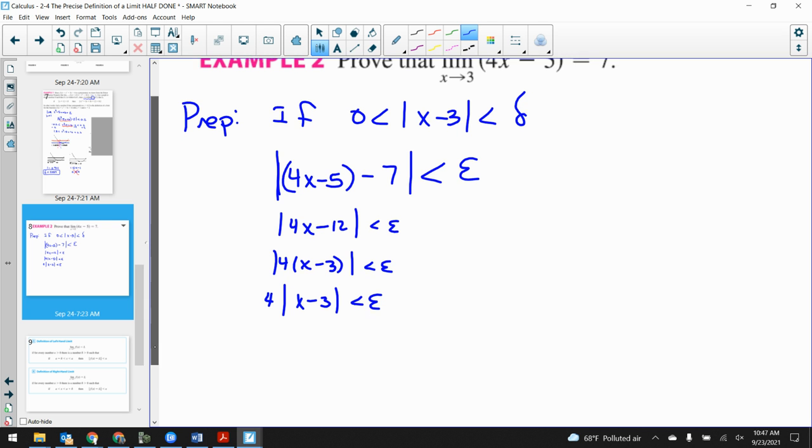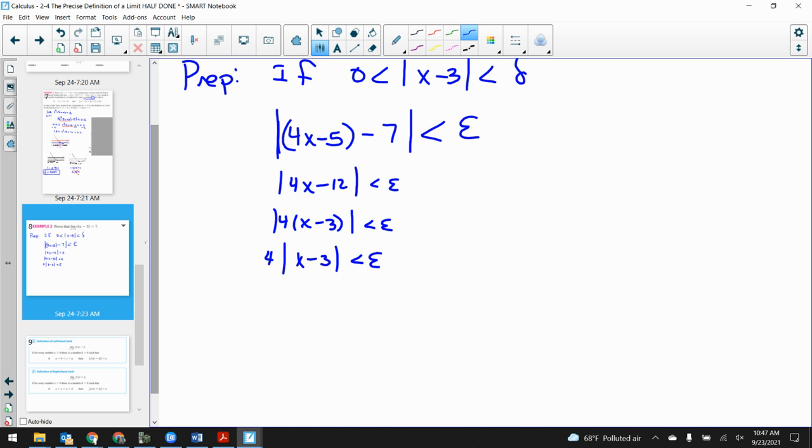So I can pull it all the way out, and now what I can do is divide by 4 over to the other side. Y'all follow me there? Okay, well, if you follow me there, then take a look at this, and take a look at this. So what delta do you think I'm going to use?